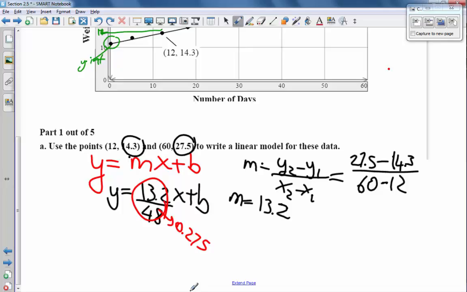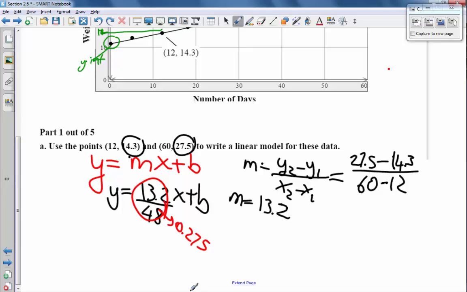Alright, how do we get b? I know it's something between 10 and 12. How do you get b? You put one of the parentheses from the problem, like 12 and 14.3.